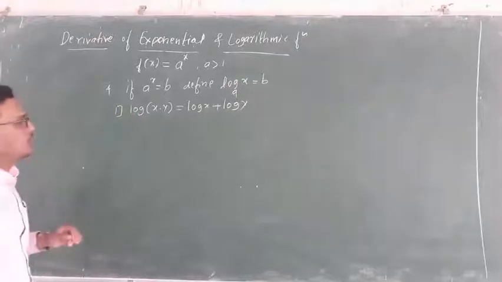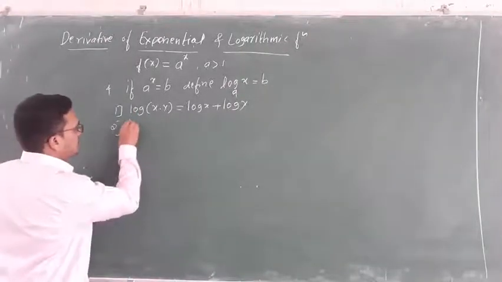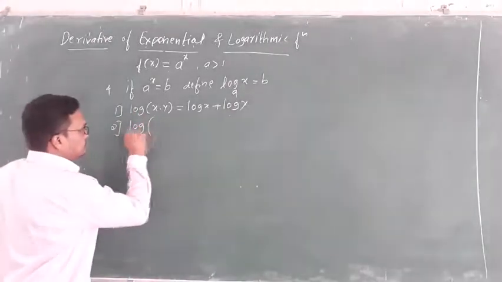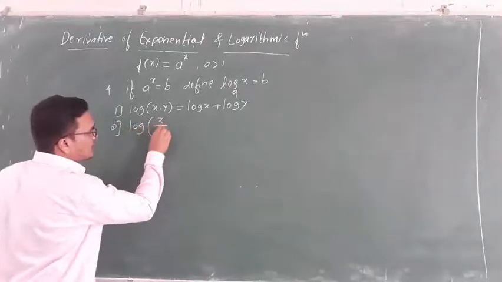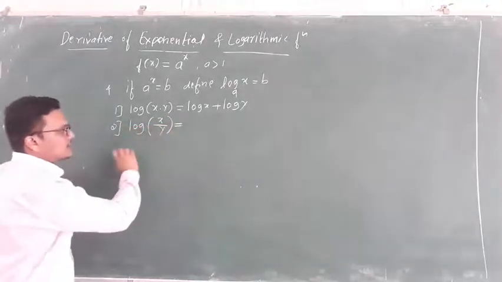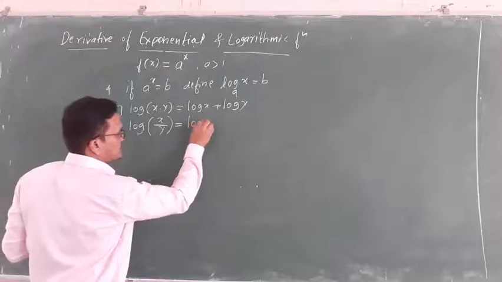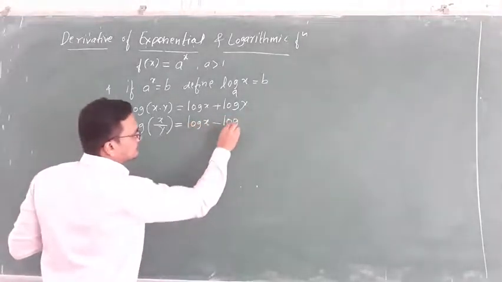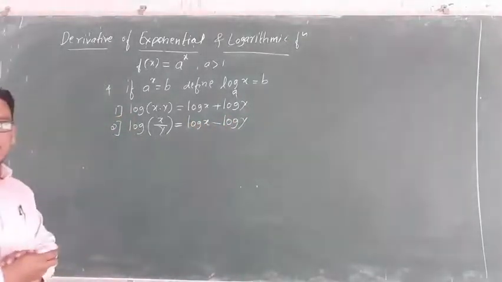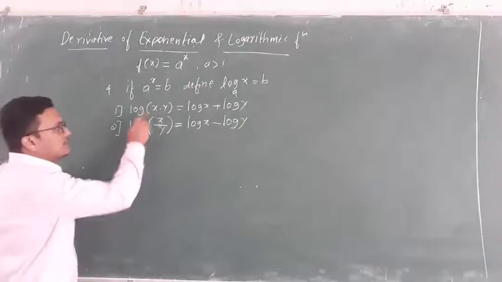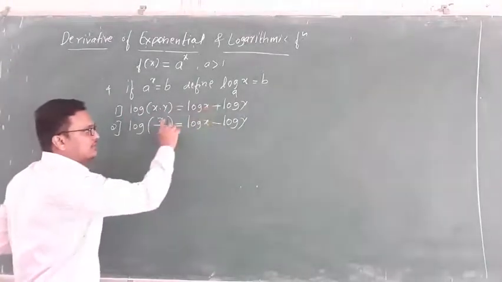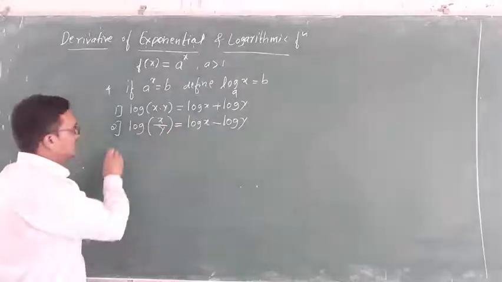Second property, log of x by y is equals to log x minus log y. If it is a product, addition. If it is division, subtraction.